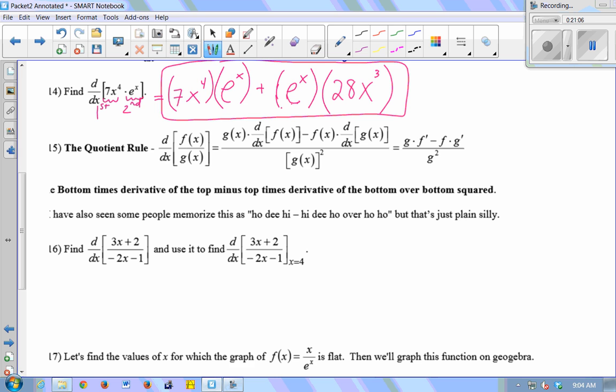Or bottom times the derivative of the top minus the top times the derivative of the bottom over the bottom squared. Or ho-de high minus high-de ho over ho-ho. Or low-de high minus high-de low over the square of what's below. Many little mnemonics to remember it. But I think that once you do like 3 or 4 or 5 problems, it's just going to be in there.